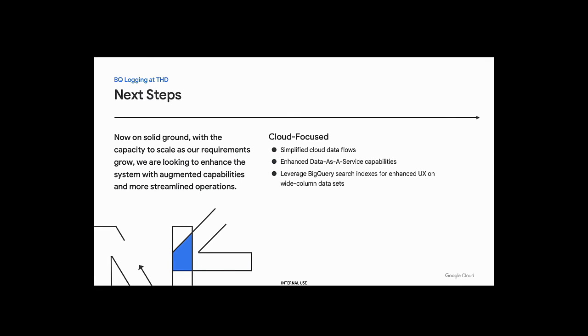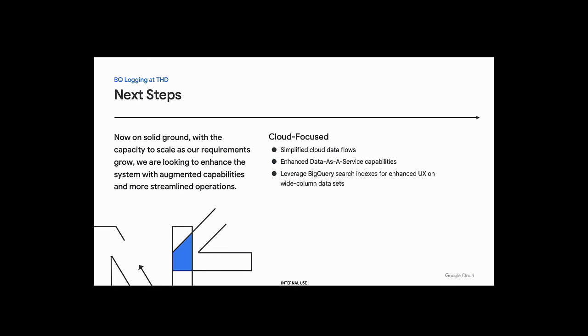Looking forward, we are hoping to migrate large portions of our on-premise infrastructure to GCP, including parts of Kafka and our custom processing applications. This should help to actually simplify our cloud-based architectures by eliminating the cloud storage persistence layer altogether, as well as enhance our data as a service capabilities by providing consumable data streams in the cloud.